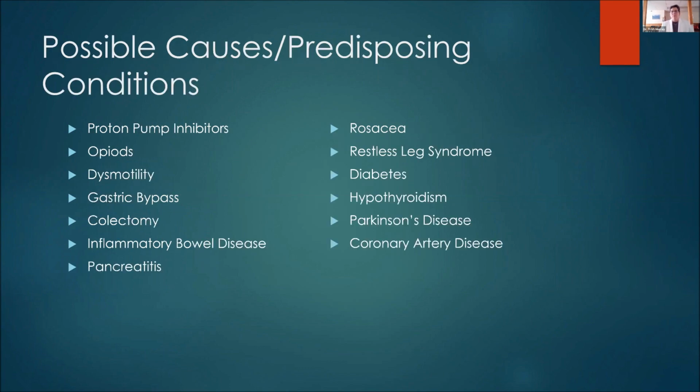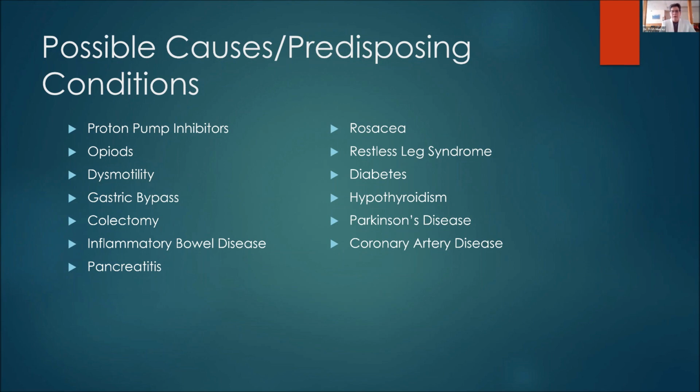Now, what are the possible causes of SIBO, and what are the predisposing conditions? And there's a long list. Let's first look at the list on the left here. The first list I'm going to talk about are obviously things all related to the gastrointestinal system.